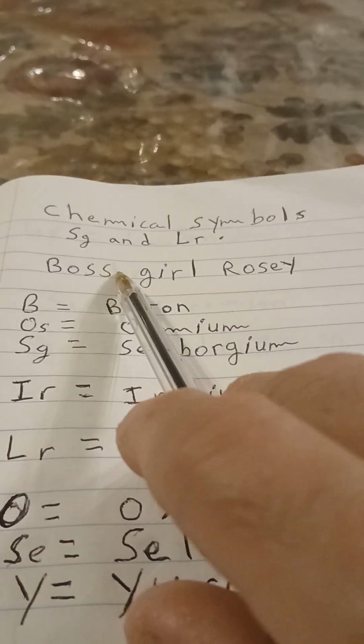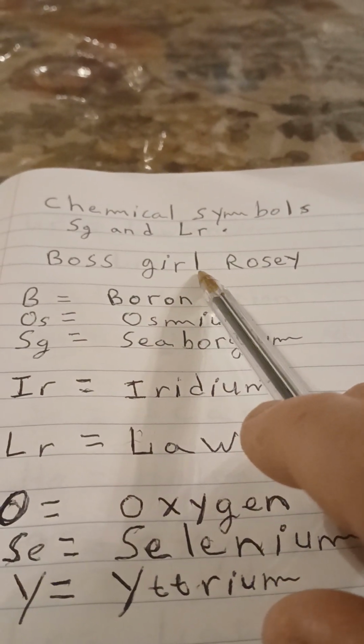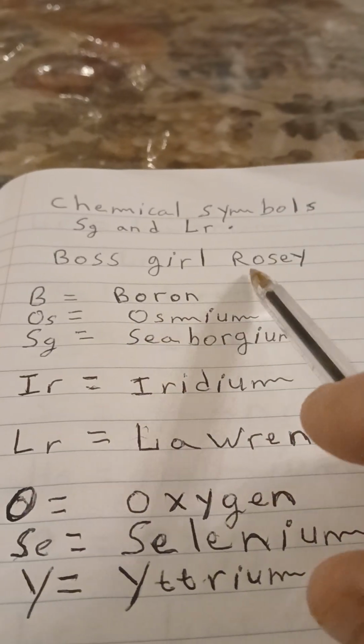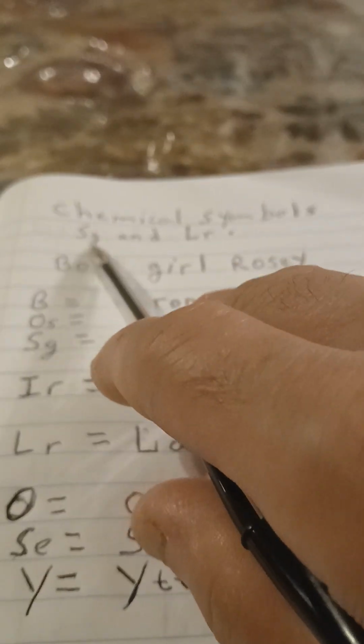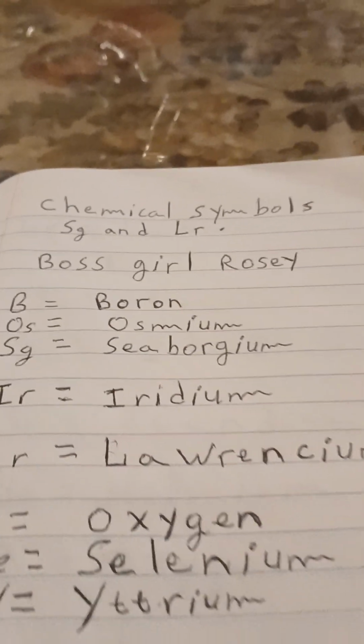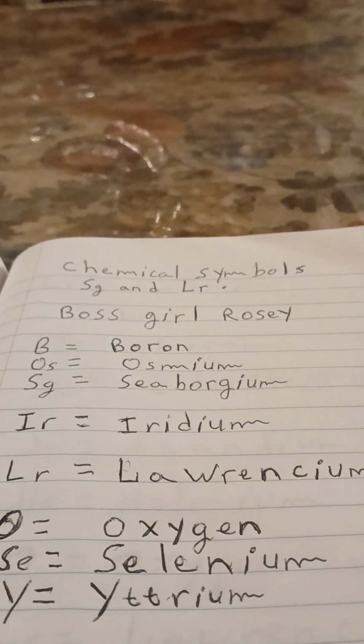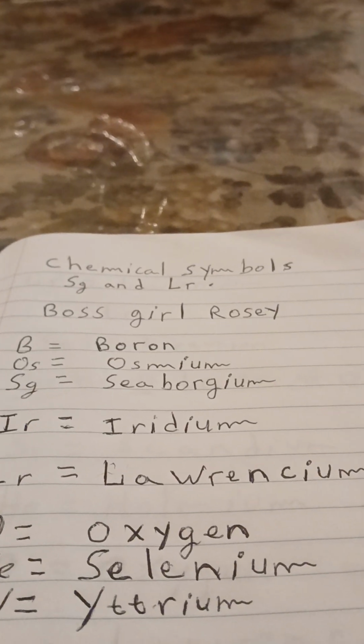See the capital S, the small g, the capital L and the small r for the chemical symbols, and that's the way to do it. So if you can't find a word that will help you, look for the chemical symbol in a sentence. All right? Okay. Over and out. Goodbye.